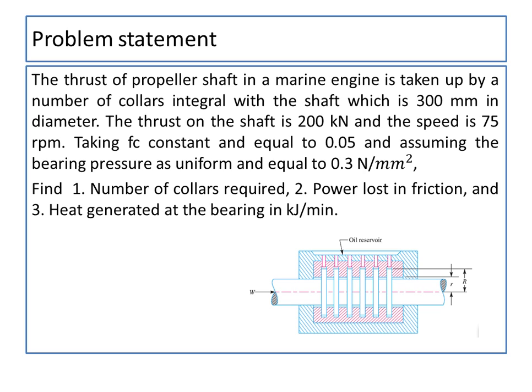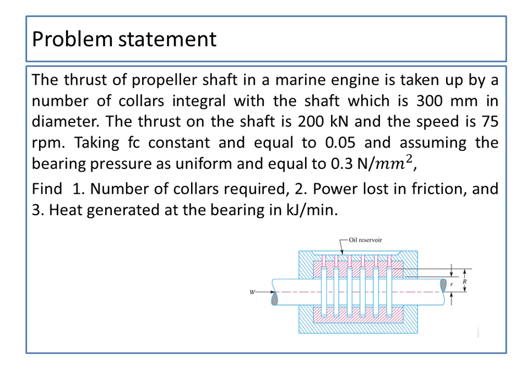So the problem statement goes like this. The thrust of a propeller shaft in a marine engine is taken up by a number of collars integral with the shaft, which is 300 mm in diameter. The thrust on the shaft is 200 kilonewton and the speed is 75 rpm.